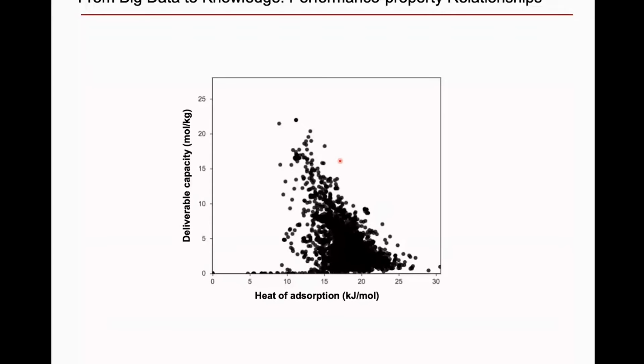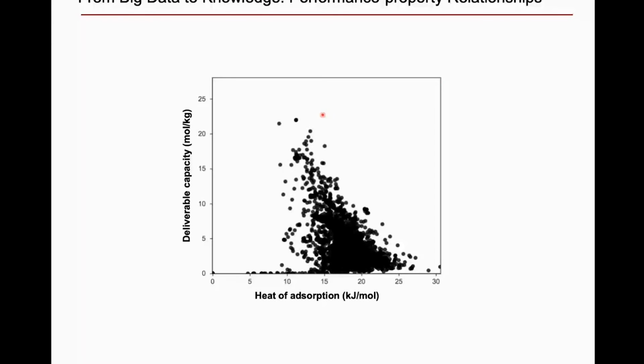So you know immediately that you wouldn't be able to design a structure with a deliverable capacity of, let's say, 20 or 25 here with a heat of adsorption of 20, basically a data point here. So we are getting some useful information about the performance limits of your adsorption, okay?